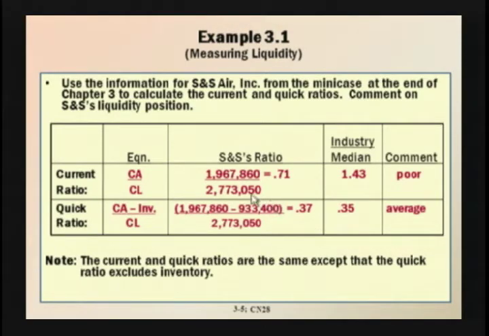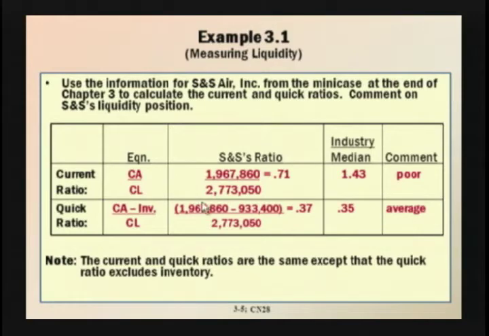So the question becomes, what is the nature of S&S's inventory? It's really causing that current ratio to not look very good. Maybe a lot of its industry competitors have a lot of inventory, and that's making their current ratios look higher. But if that inventory is not really liquid, maybe the current ratio is not a very good measure of liquidity.